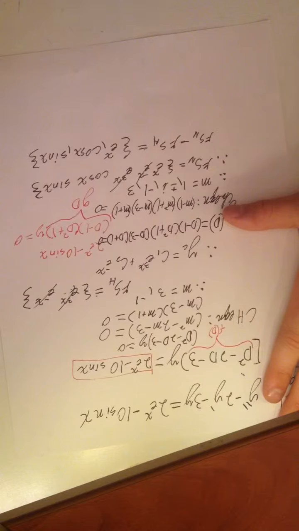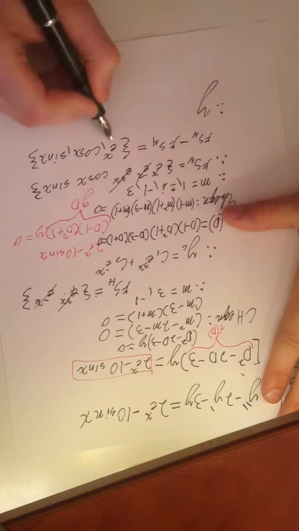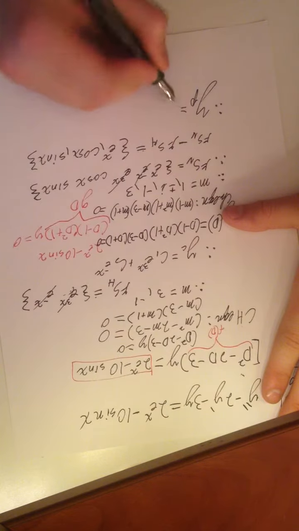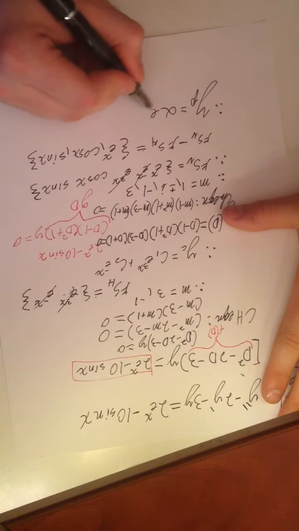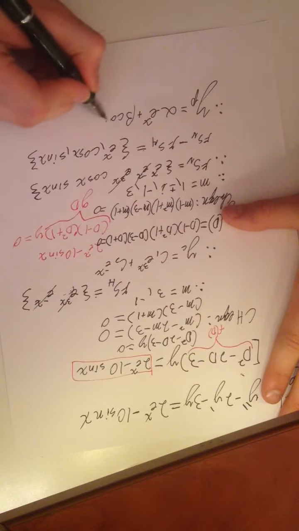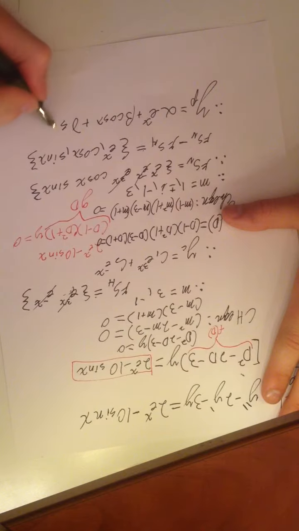Our yp is going to be the general solution of that: alpha e to the x plus beta cosine x plus gamma sine x.